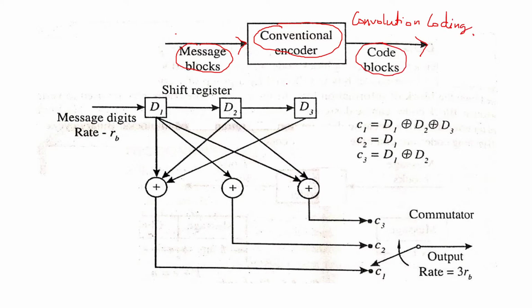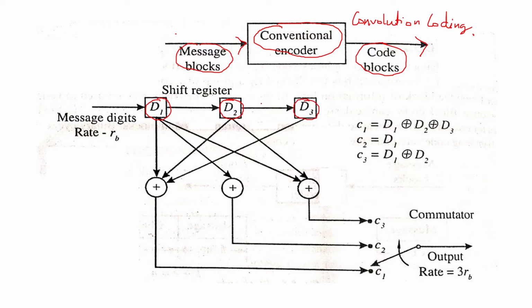So how is this happening? If you look at this circuit, D1 is one of the shift registers, which will shift the data by one bit at a time. D2 is another shift register, and D3 is another shift register.